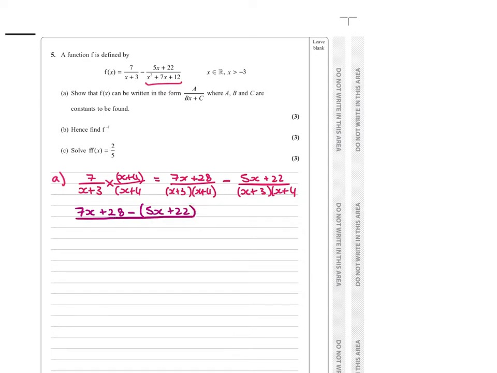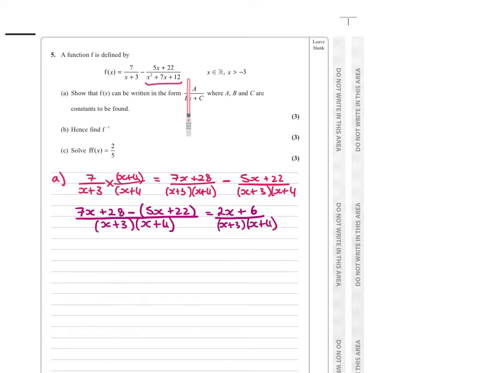Now, watch out for this negative, because a lot of people just do minus 5x and then they add the 22. That's clearly not the case here. Okay? Now, so we're going to have 7x minus 5x, which we know is 2x. Then we're going to have 28 minus 22, which is 6, over x plus 3, x plus 4.